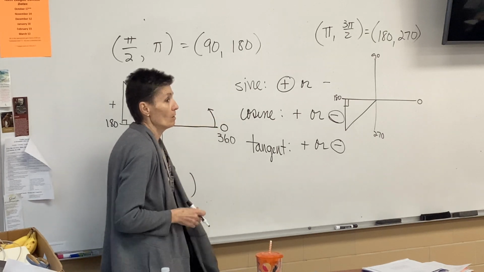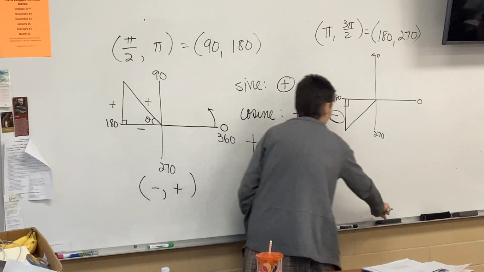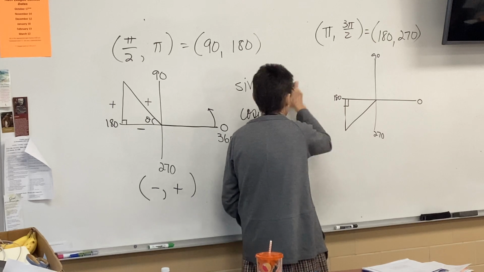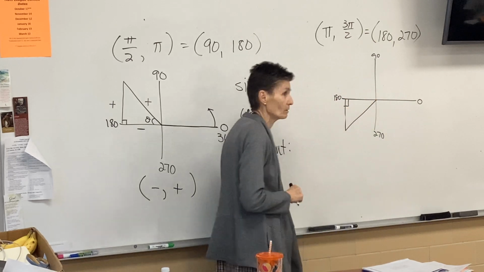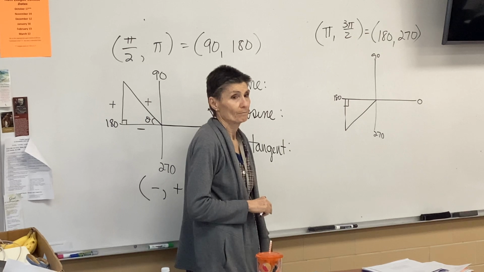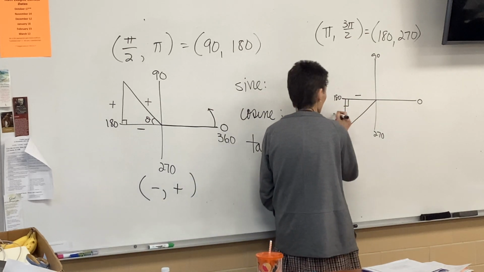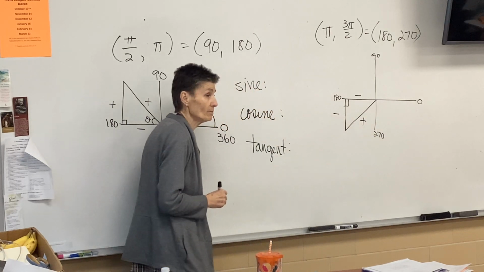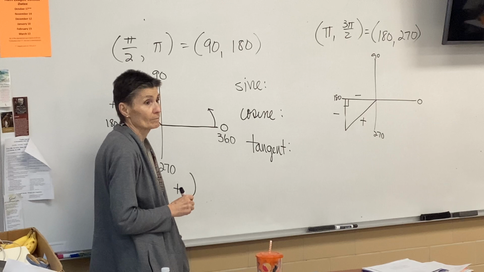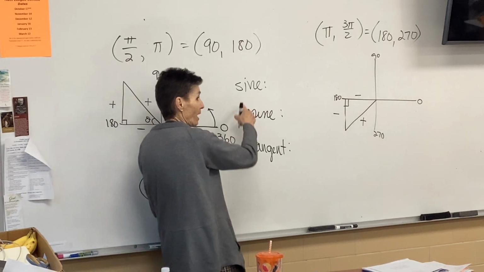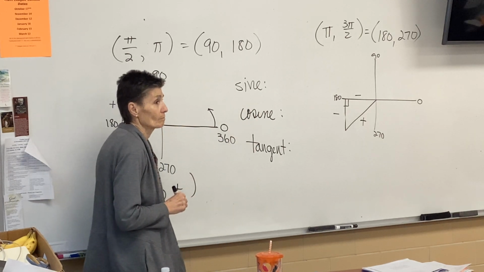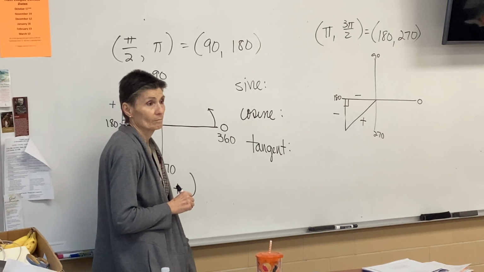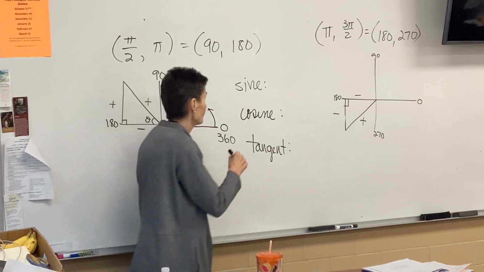And what do we know about the sides of the triangle in quadrant 3? We know these are both negative, and this one is, of course, positive. So tell me about the sine. Negative.